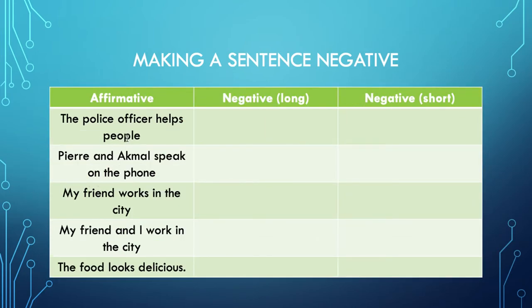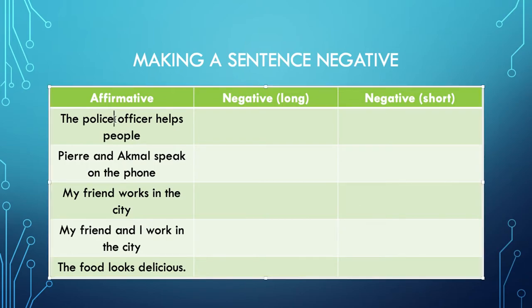Okay, now here I just want you to practice, but with different subjects. Not I, not you, he, she, no. With different subjects, okay? We will do number 1 together. So, the subject here is the police officer.